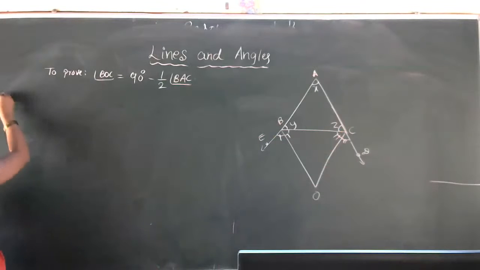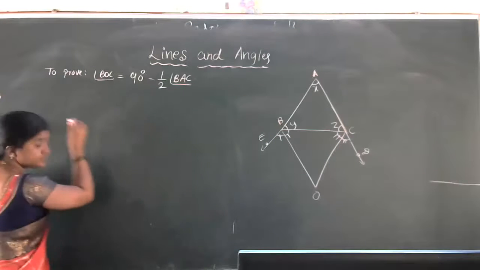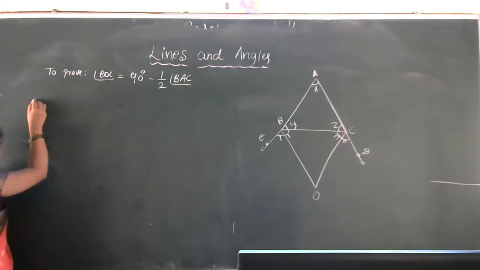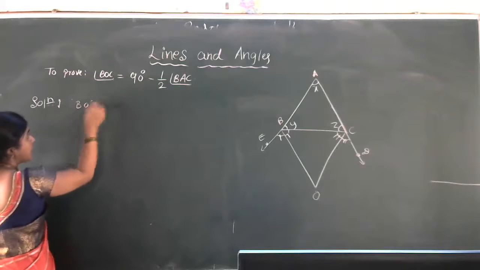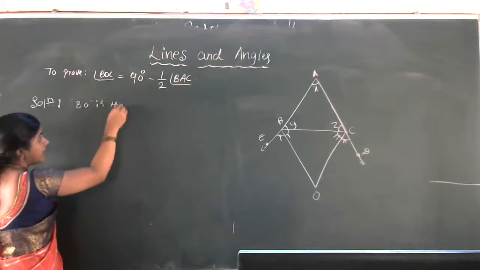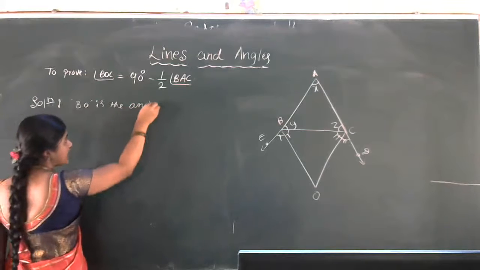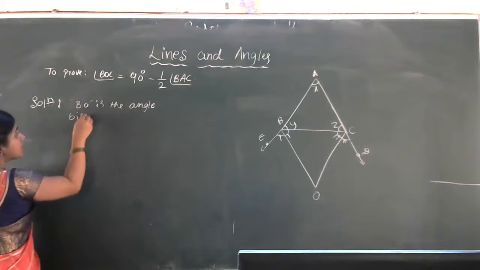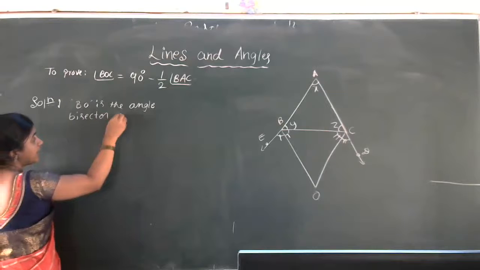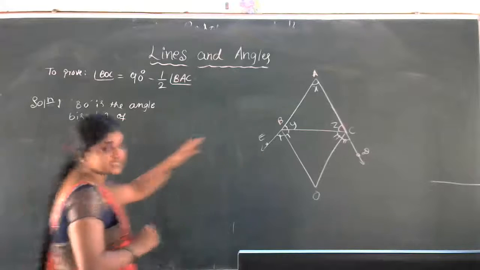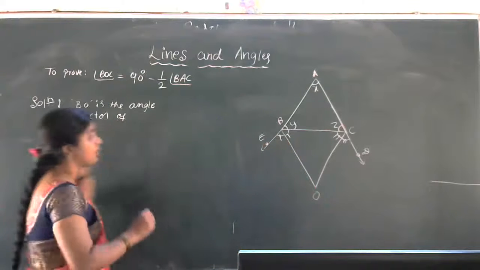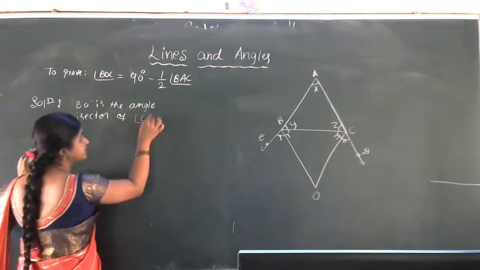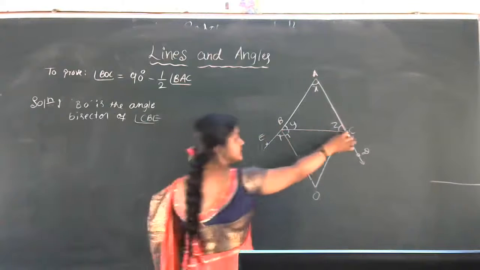Is the board visible? Shall I write from here? BO is the angle bisector of angle CBE. Are you observing the angle CBE?